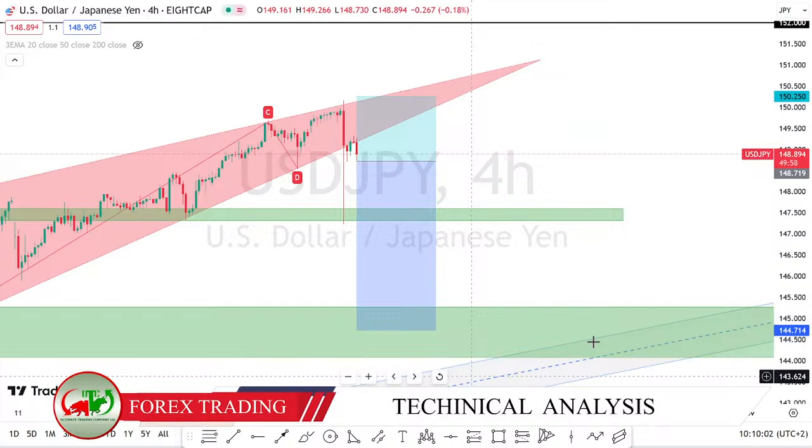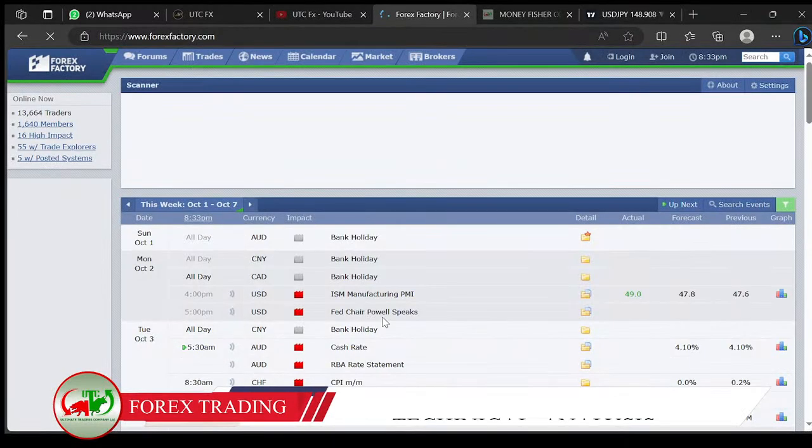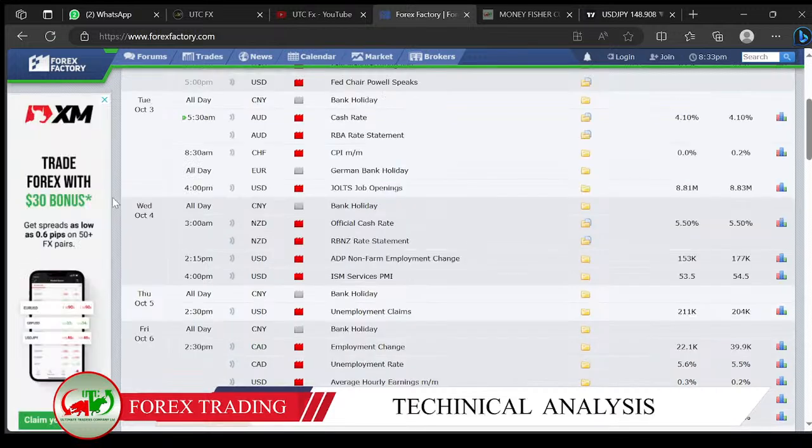So this is one of our high probability trades you can make today. But it will be better if you wait for the news of today, because today we have unemployment claims. So better you trade USD/JPY after the news release.